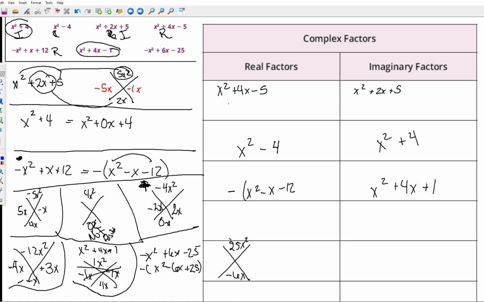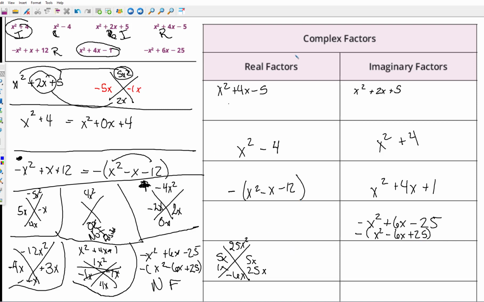What can multiply to give me a positive 25x squared that would add to give me a negative 6x? Well, our choices are 5x and 5x, or 1 and 25. Are either of those going to work? So that means we're not factorable. And so negative x squared plus 6x minus 25, or you could have written it as negative x squared minus 6x plus 25.